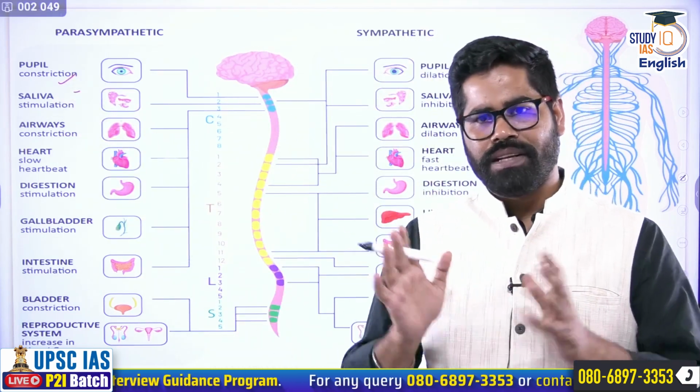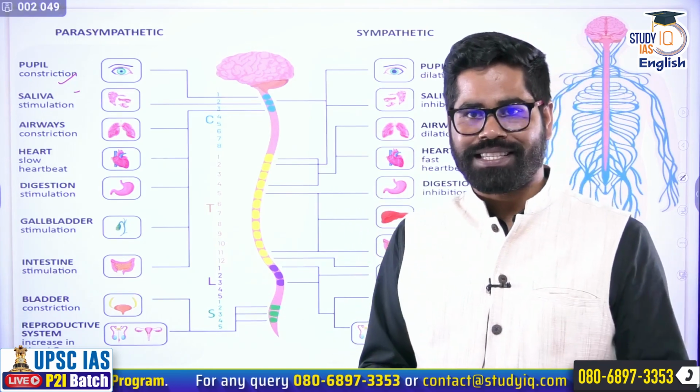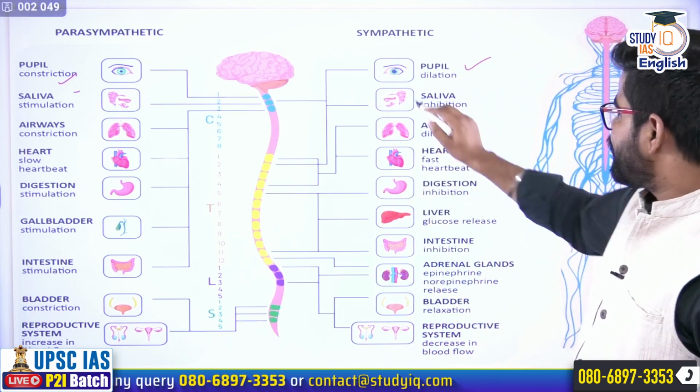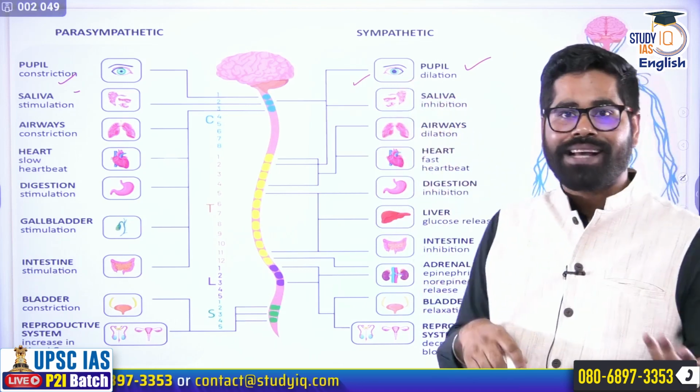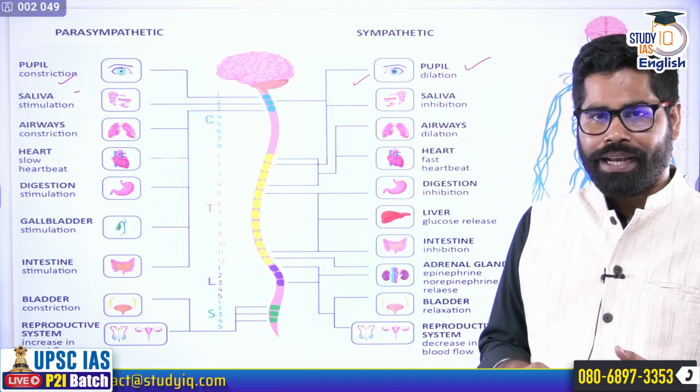Its dilation will relax, and the pupil size will reduce. You can see here that when there is dilation, the size of the pupil has increased. That is a sympathetic response of the body.